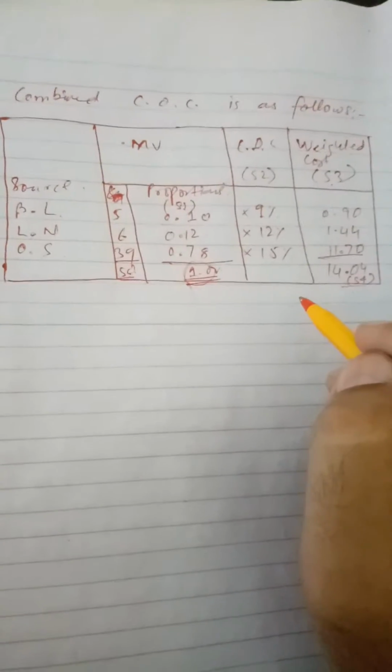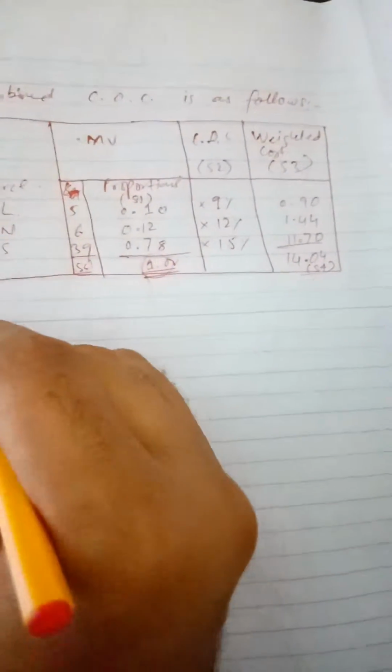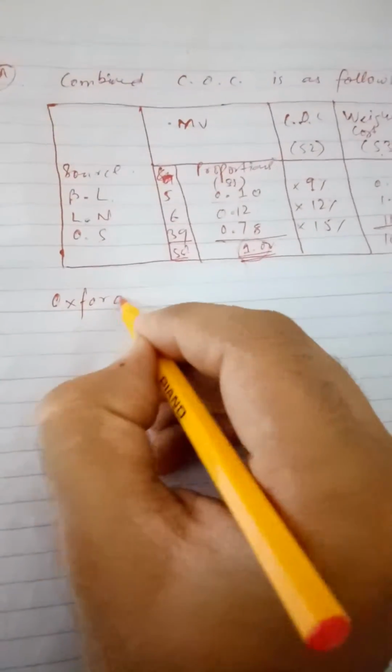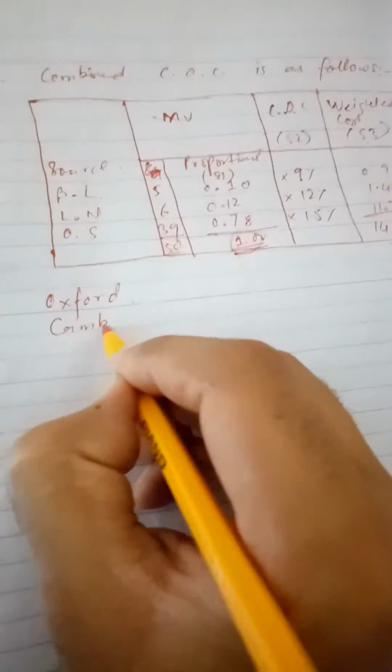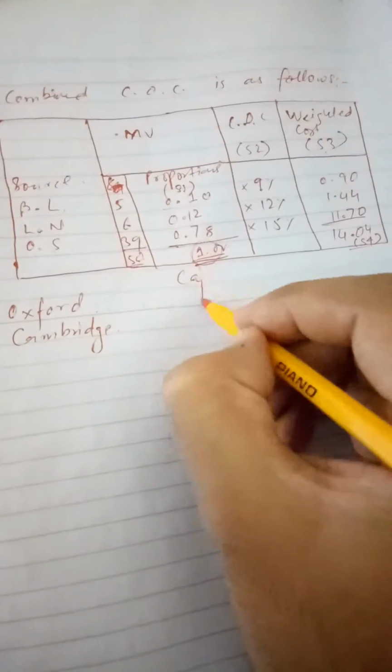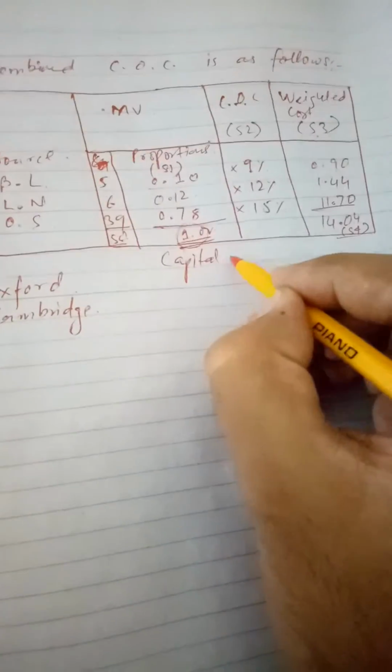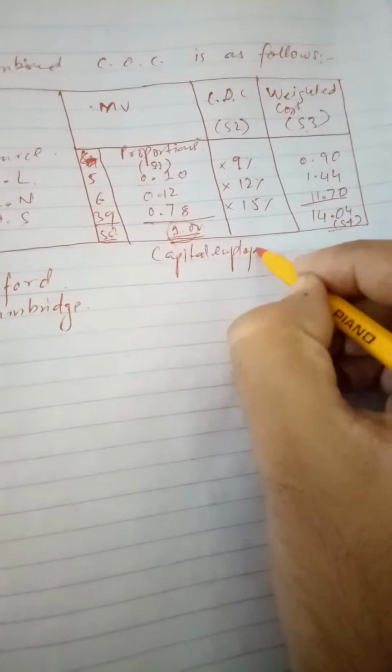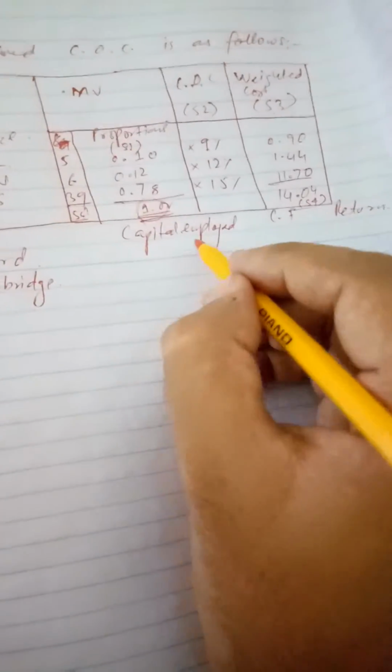Total weighted cost that we have calculated. This is the individual, and now we're going to say Oxford and Cambridge. Capital employed, cash flow, and this is the return. Now capital employed is what?